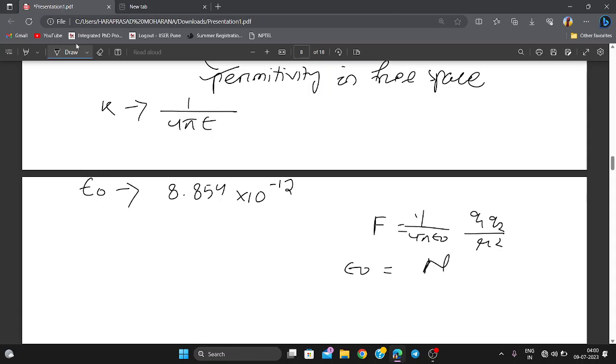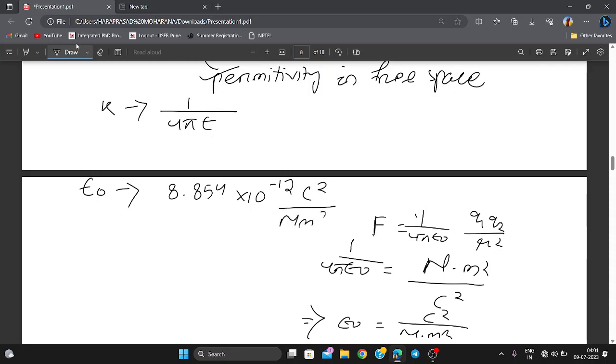F is in Newton, r square in meter square, and charge in Coulomb square. So epsilon naught will have the unit Coulomb square divided by Newton meter square.